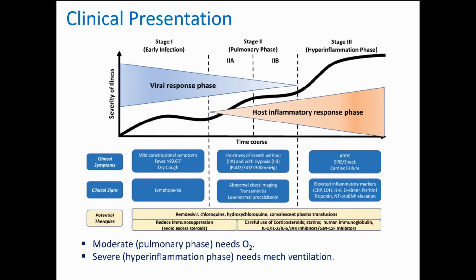Genetic predisposition, not only in the context of patients, but also in the context of the drugs that we give to patients and how they are able to genetically metabolize the drug, which will come a little bit later in my discussion. But this is pretty much agreed among many experts that there is a viral phase, and followed by an inflammatory phase.